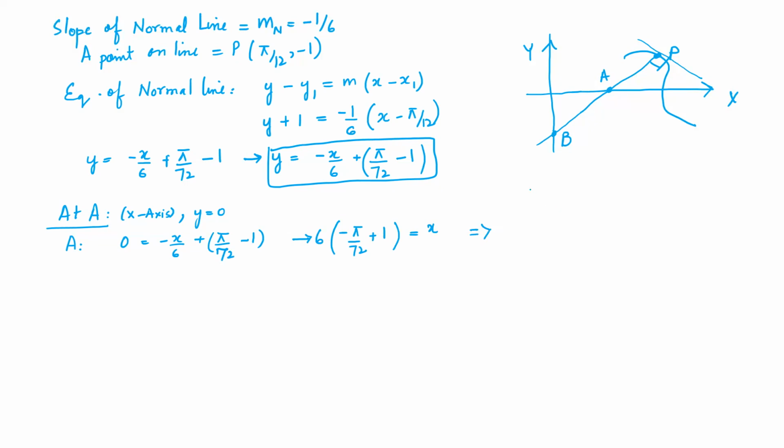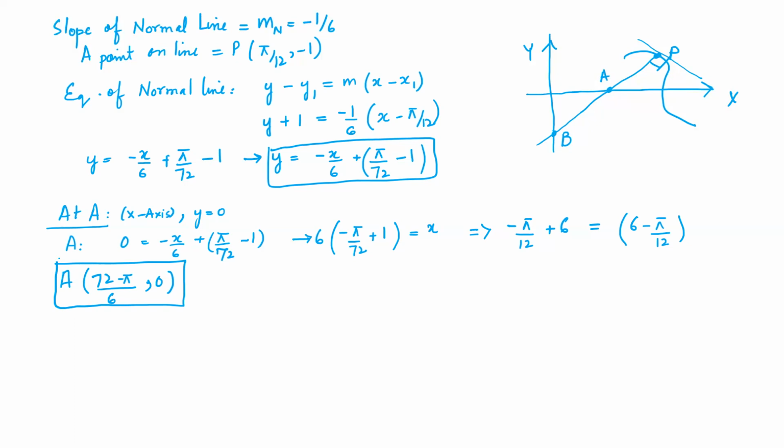So this comes out to be minus pi by 12 plus 6, or 6 minus pi by 12. This is one value. So my point A is 72 minus pi divided by 6, comma 0. This is my point A.